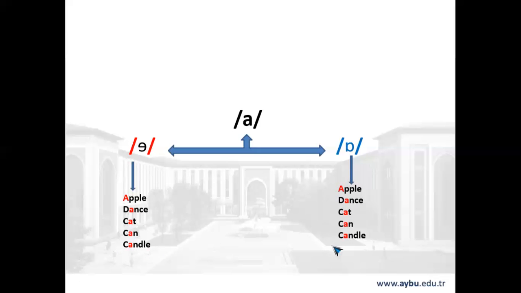Now, looking at the second part, the right side, it is a: apple, dance, cut, can, candle. Notice the difference in the pronunciation.